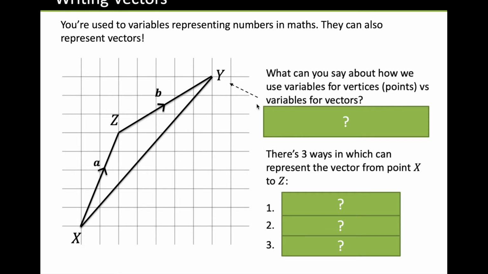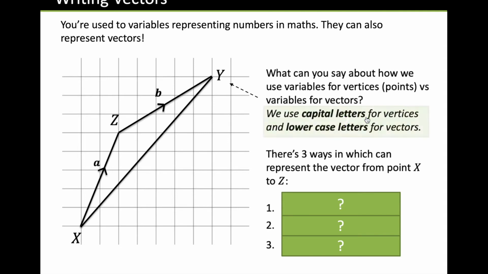Again, just part of the vector representation. A vector is represented by a lowercase letter, but the vertices are represented by uppercase letters. And there are 3 ways to represent a vector.